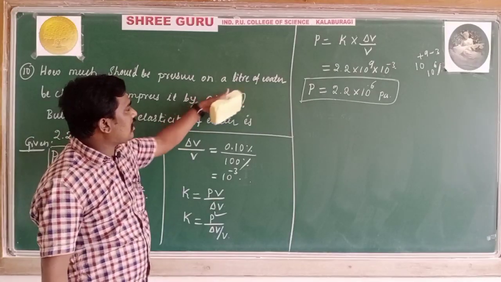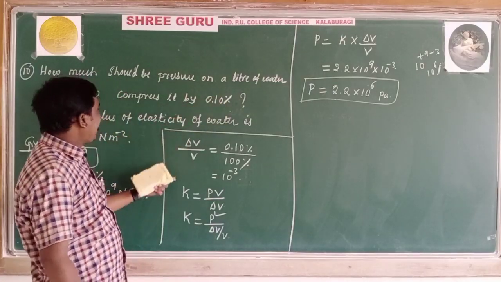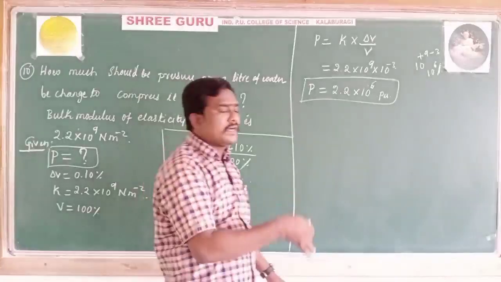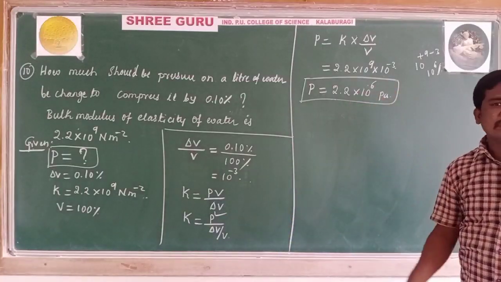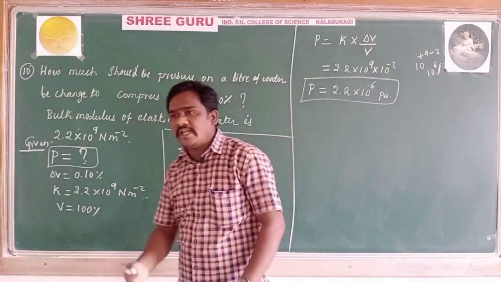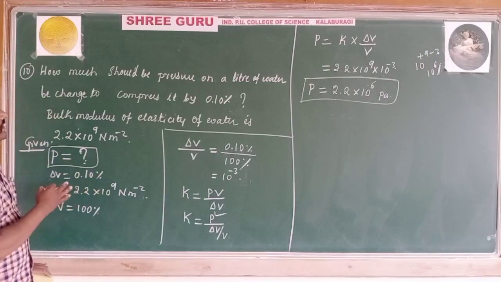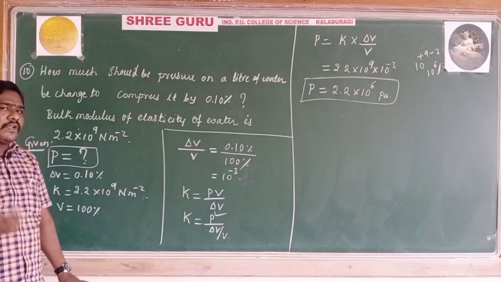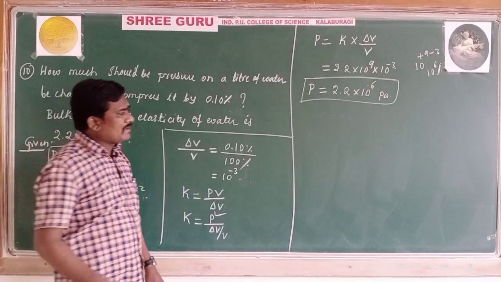If the compression of water is changed to 40%, find how much pressure is going to act on that liter of water. You can find it by using this relation. This is the basic relation to find the compression as well as pressure as well as bulk modulus. And these numericals will help us to find Young's modulus, bulk modulus, shear modulus.